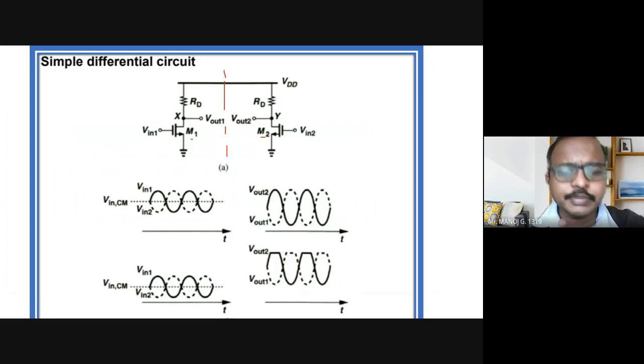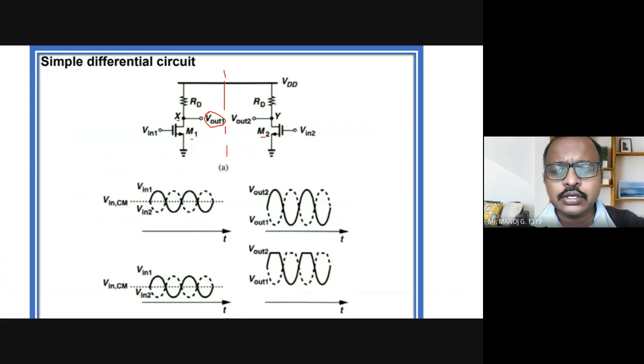So it's a symmetric circuit. When you take this Vout1, it is very similar to a common source amplifier, right? Input, output with a resistive load. So this point X is the node of analysis.